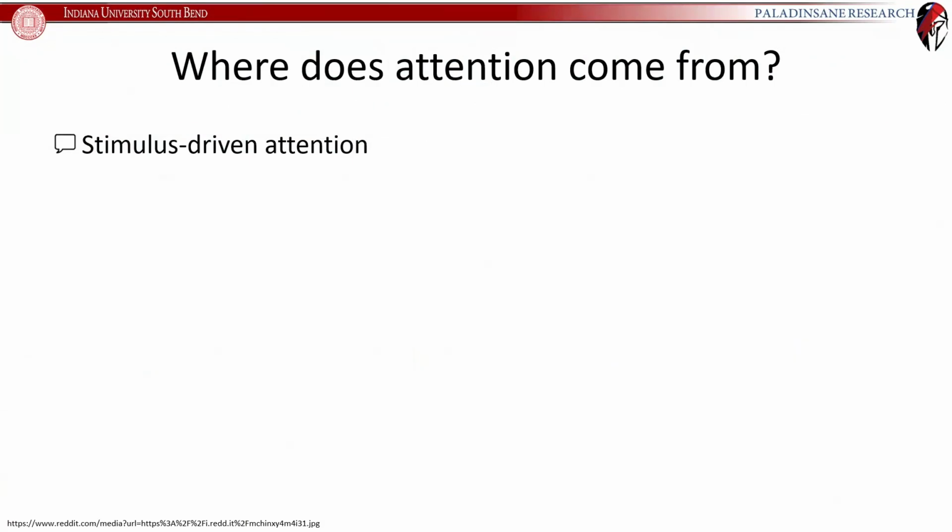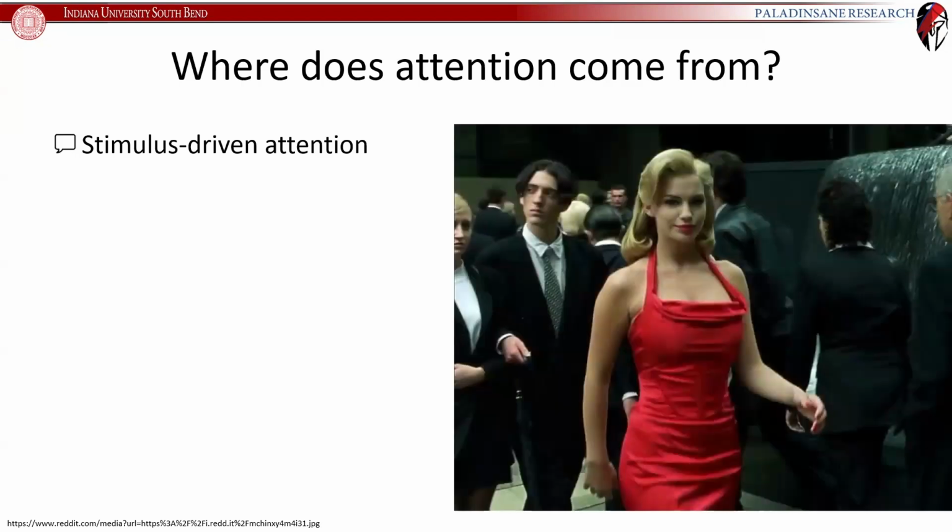The first one is stimulus-driven attention. This is attention that comes from the stimulus itself. There's something about the information that's coming in from the external world that grabs your attention. And in this clip, that stimulus-driven attention was the woman in the red dress. Nobody told Neo to pay attention to her.